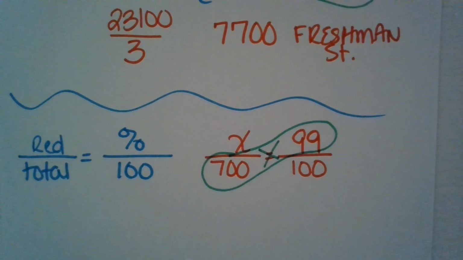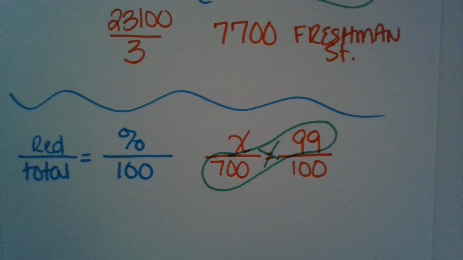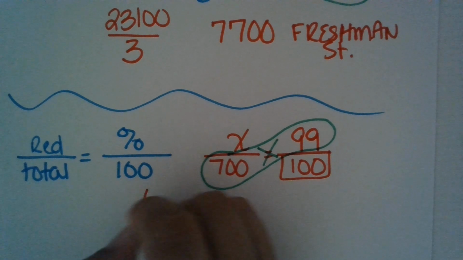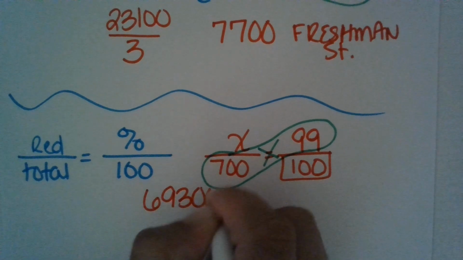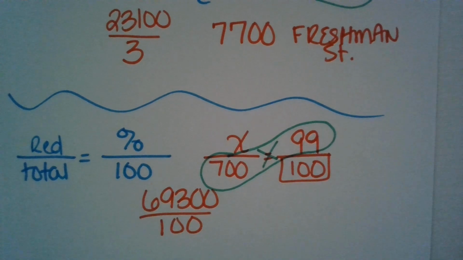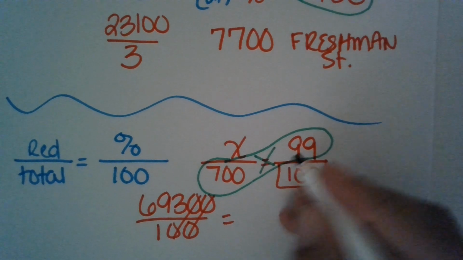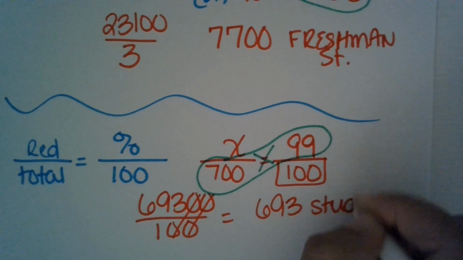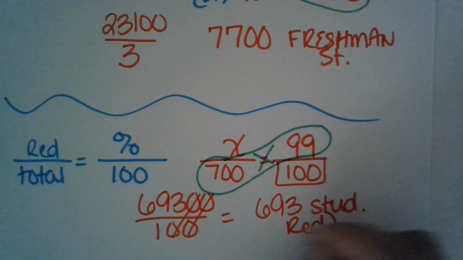So I'm going to do 700 times 99, and then we're going to divide by 100. When you use Desmos, 693 students like the color red.